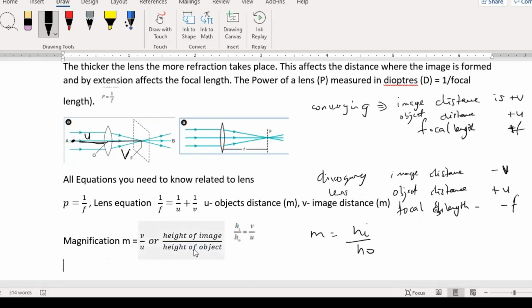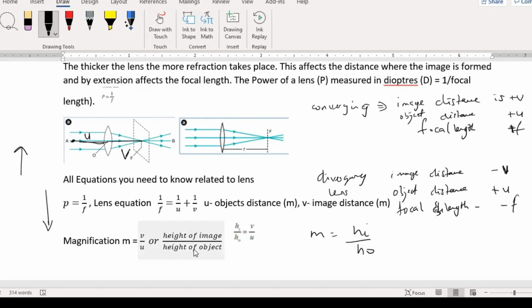If you get a graph, you would just use your ruler to measure the object's height vertically upwards, and if the image is down this side, you measure it as such. You just measure the centimeters on the graph. So that would be your height from the principal axis.